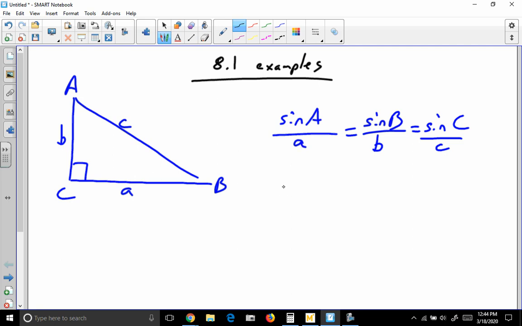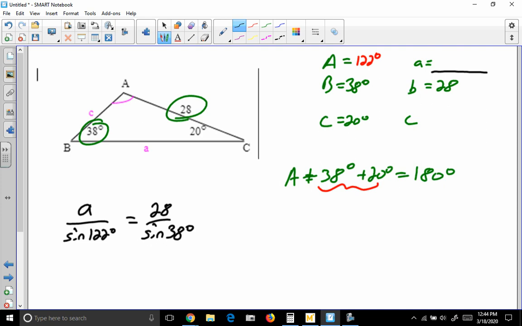But if we have two ratios that are equal and we flip the left side, then we have to flip the right side, and they're still equal. So it doesn't matter if we put sine on top or the side on top, as long as we are consistent. Now to get a by itself, multiply both sides by sine 122 degrees.